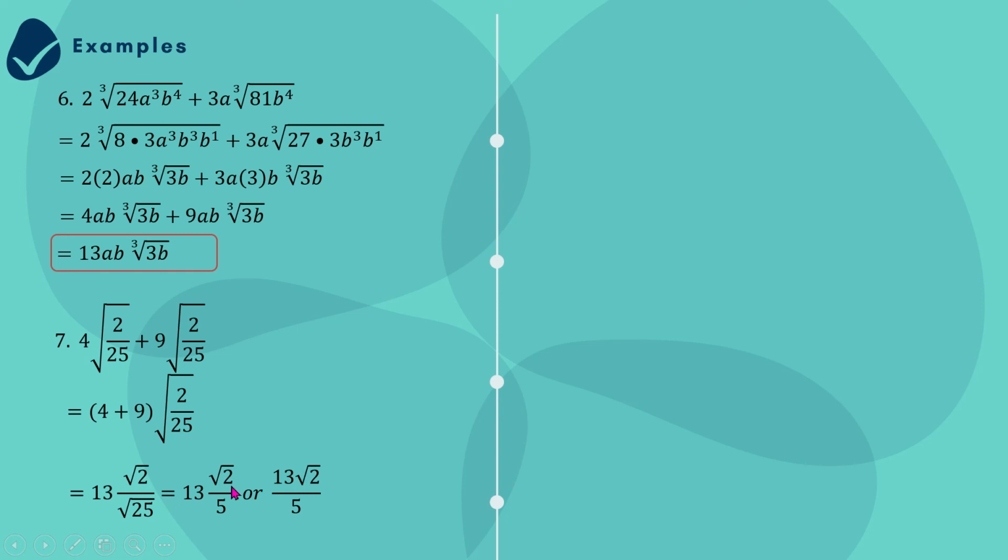But there is square root of 25, and that is 5. Or, we can write 13 square root of 2 over 5. Since 13 is a whole number, it should be written beside the numerator. So, 13 and square root of 2 over 5, or 13 square root of 2 over 5, are the same. They mean the same.